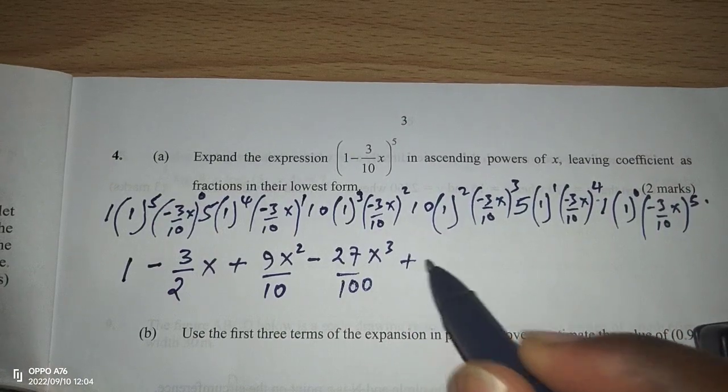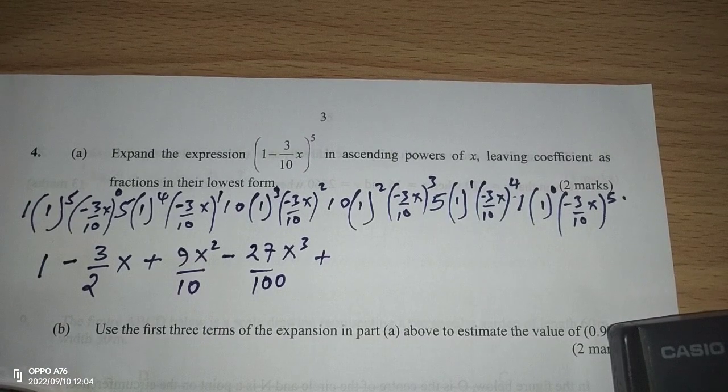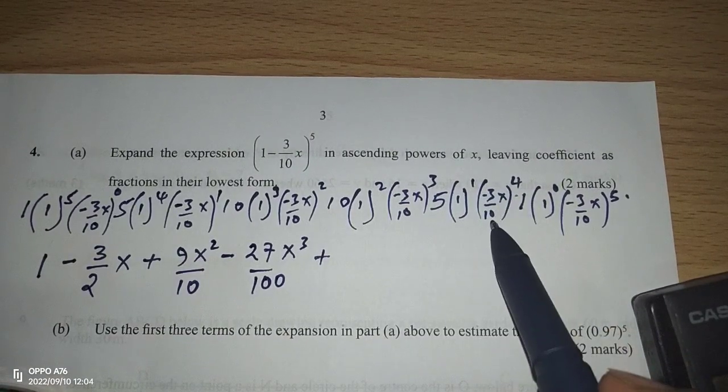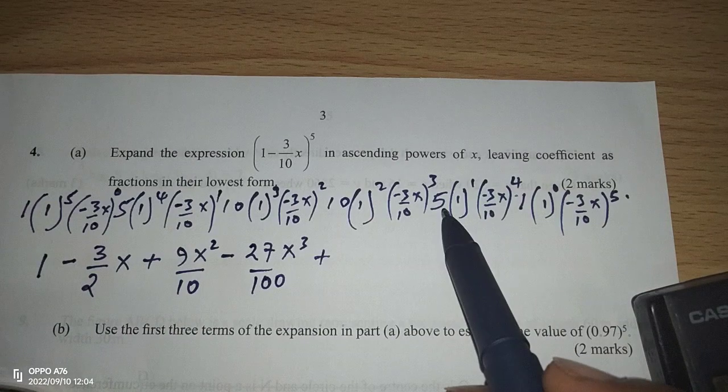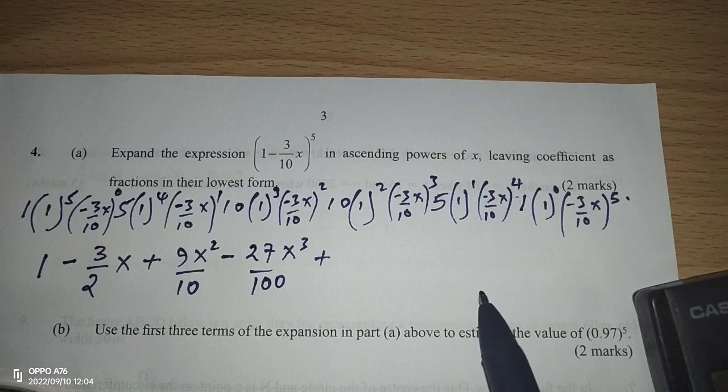So plus, when we raise to power 4, 3 power 4 is going to be 81. This is going to be 81. Then this one is going to be 10,000. But now there is a 5 here. So when we take 10,000 over 5, this is going to be 2,000.